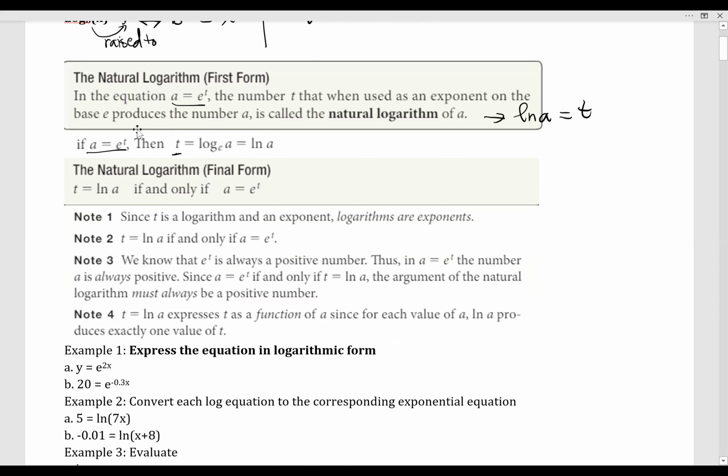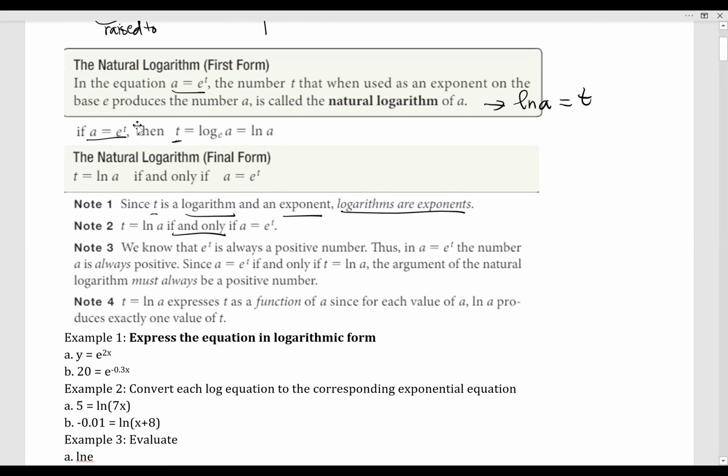So know that a logarithm is an exponent, right? You have to know that. And t equals ln a if and only if a equals e to the t. So this is exactly the definition of the natural log, or the final form of the log.